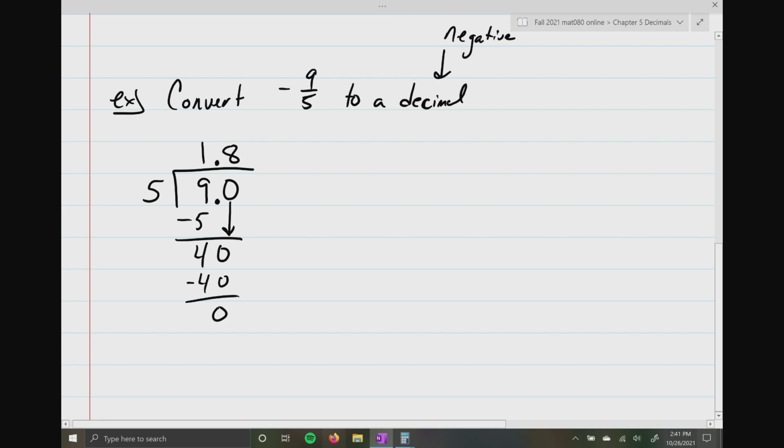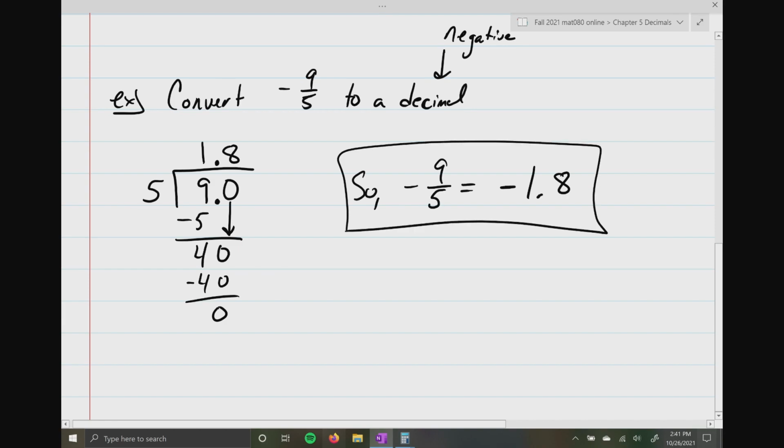So you get a remainder of 0, which is great. And you got to remember, -9/5 is equal to -1.8. Okay, remember, your original fraction was negative.